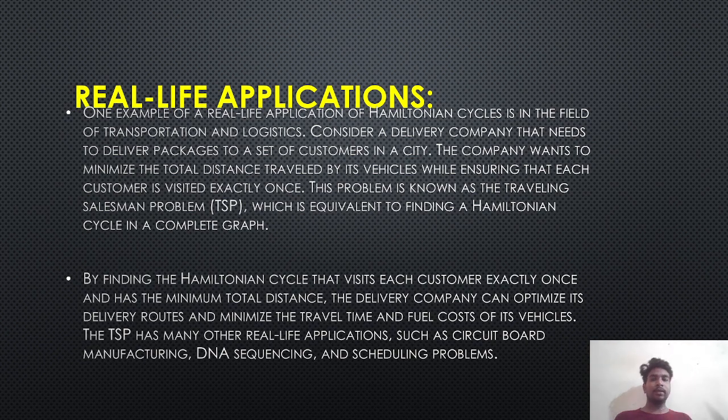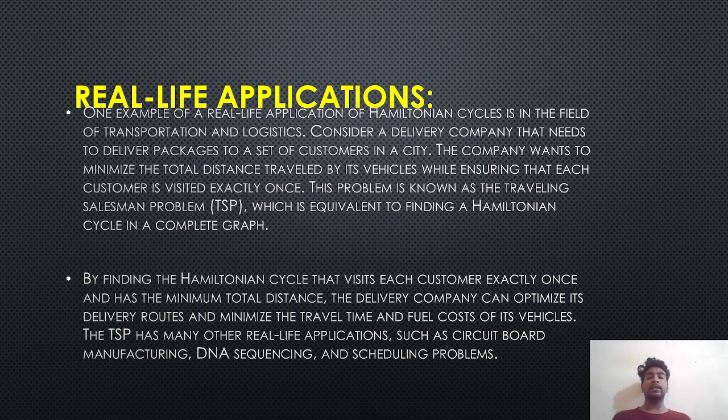A real life application can be seen, for example, in the field of transportation and logistics. Consider a delivery company that needs to deliver packages to a set of customers in a city. The company wants to minimize the total distance traveled by the vehicles while ensuring that each customer is visited exactly once.